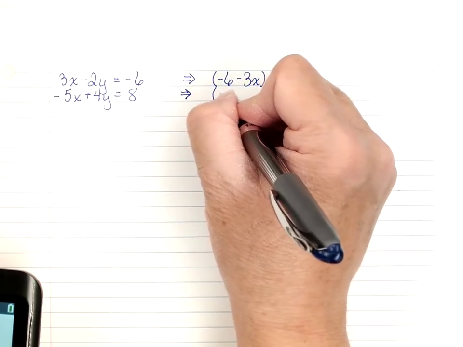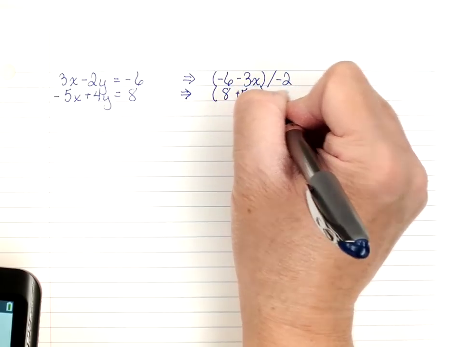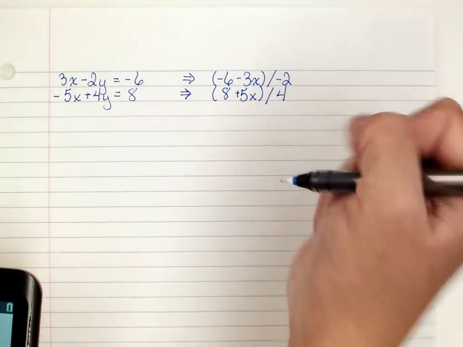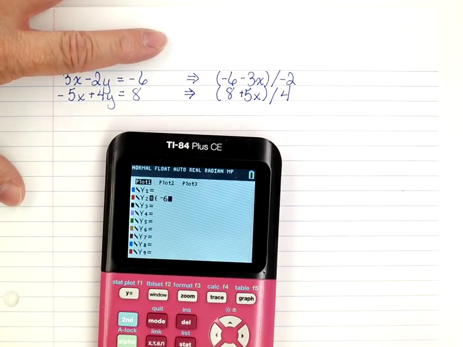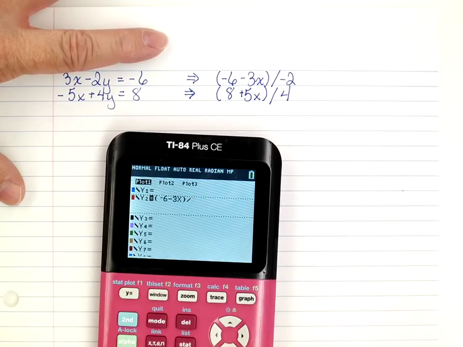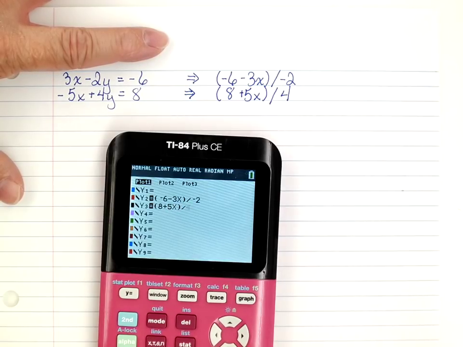This next equation is going to be 8 minus a -5x divided by 4. So I'm going to have -6 minus 3x, not power of, divided by -2. And I'm going to have then, okay, my next one is going to be 8 minus a negative, so plus 5x divided by 4.